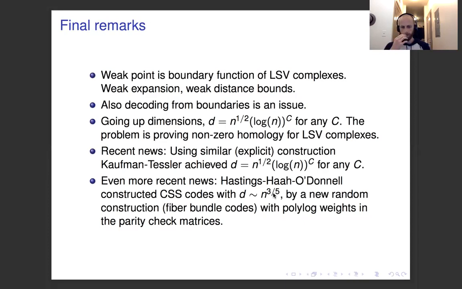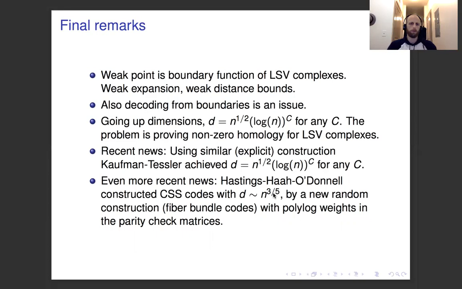Now, I'm about to finish this talk, but let me just mention some final remarks. In all of the analysis, the weak point of the LSV complexes is really the boundary side, the boundary function.